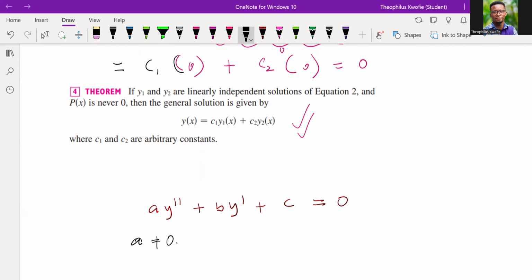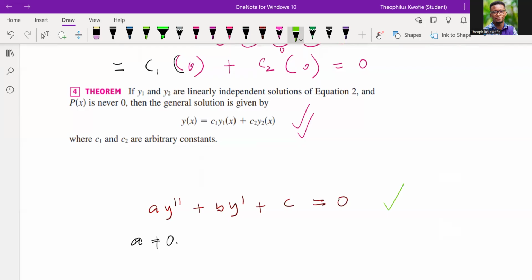Over here, we are looking for a function y such that a constant times its second derivative, plus another constant times y prime, plus a third constant times y, is equal to 0. So I'm just saying that I need a function that can behave like this.